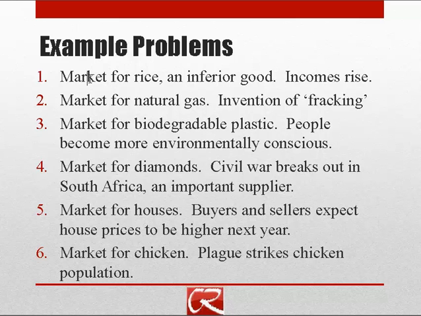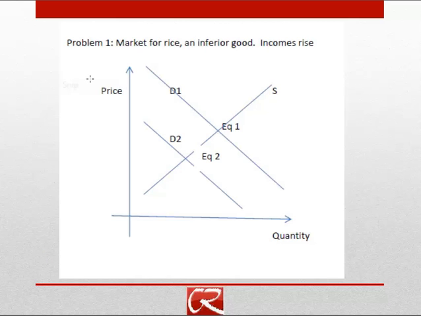For this first problem, the market for rice, which I've identified as allegedly an inferior good, what happens when incomes rise? Well, remember that inferior goods are goods that when people have higher incomes, they buy less of, possibly because they upgrade to something else that meets the same need.